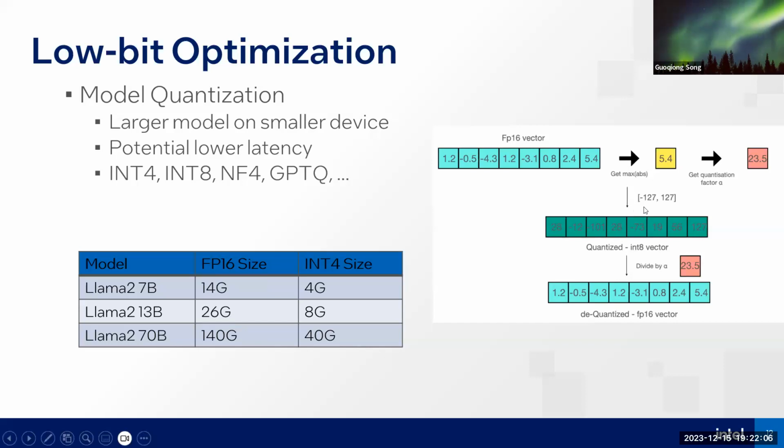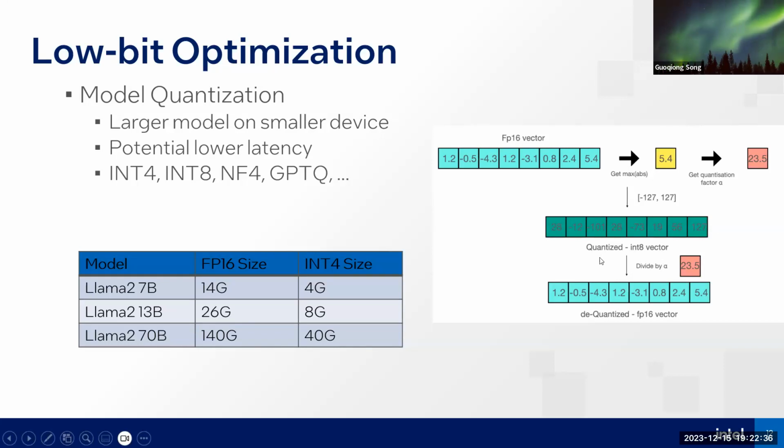Let's use int8 as an example, where the range is minus 127 to 127. Then the quantization factor works out to 23.5. Every number we multiply by this quantization factor gives us another vector, the quantized vector, which is within the range of int8.